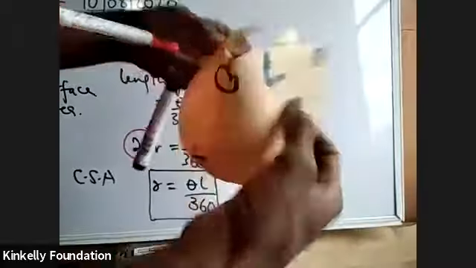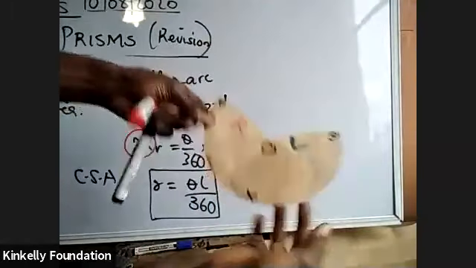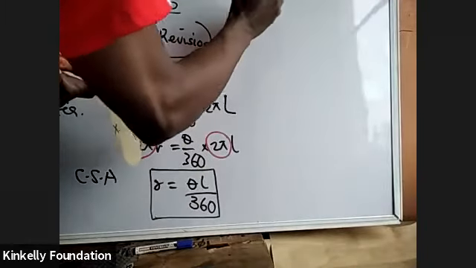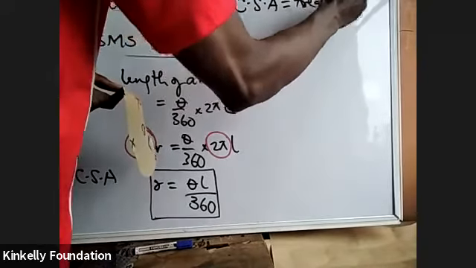So this sector of a circle forms the curved surface, which means that the area of this sector is the same thing as the area of the curved surface. We now have that the curved surface area, CSA, is equal to the area of the sector.